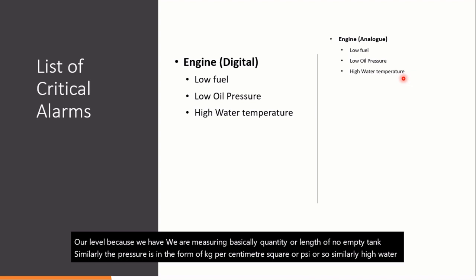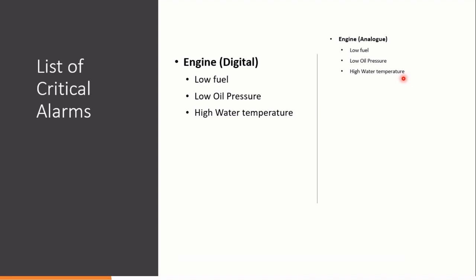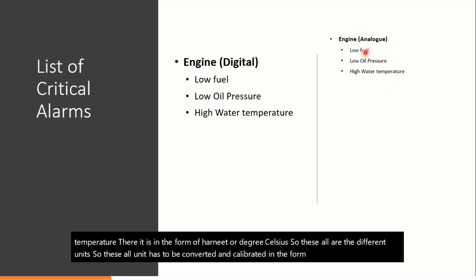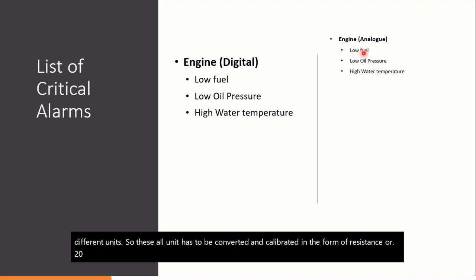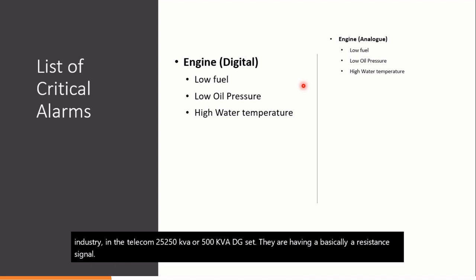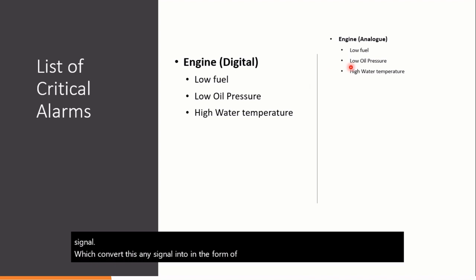And in that controller we have to set a nominal value, a maximum value and a minimum value. So as soon as that value goes below the threshold or beyond the threshold, the controller itself generates an alarm and takes an action. So this action has been taken by the controller by reading the analog input from the engine, and here the controller has taken an action based on the digital input received from the engine. So these are the two different types of technology for reading and generating the alarms.